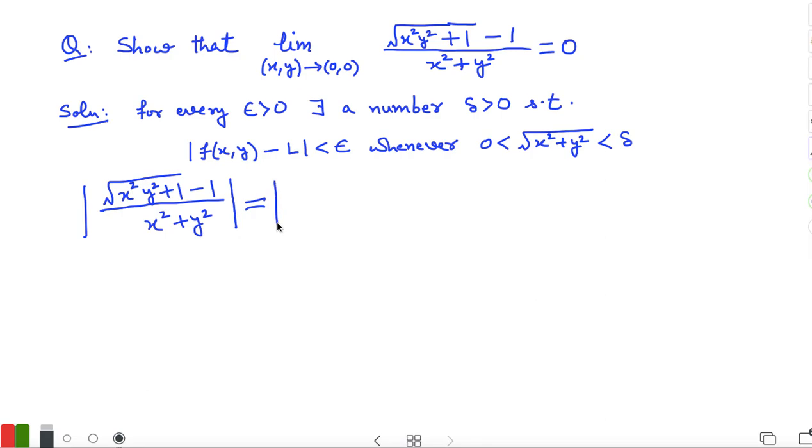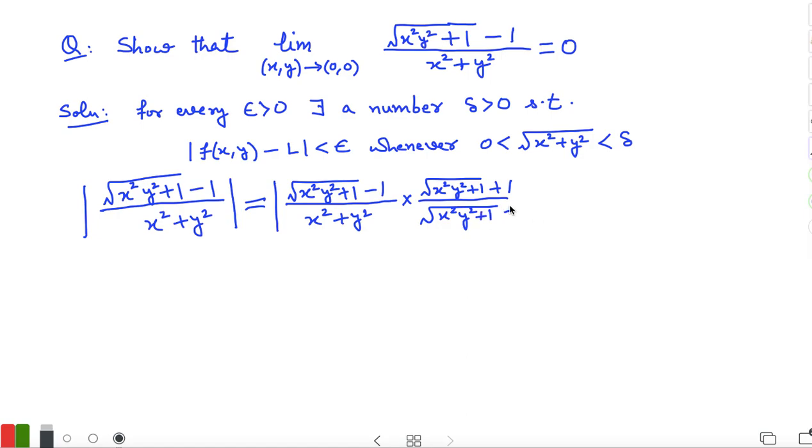This we can clearly rewrite by writing this function and then multiplying and dividing with square root of x squared y squared plus 1, plus 1.